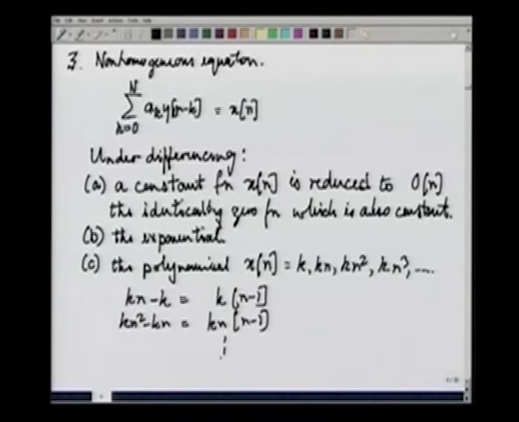This is what you will get. So, you get the sequence k times n minus 1, k n into n minus 1, k n squared into n minus 1 and so on. This is the sequence you will get, which clearly is also a polynomial sequence because it has factors n, n squared, n cubed and so on.